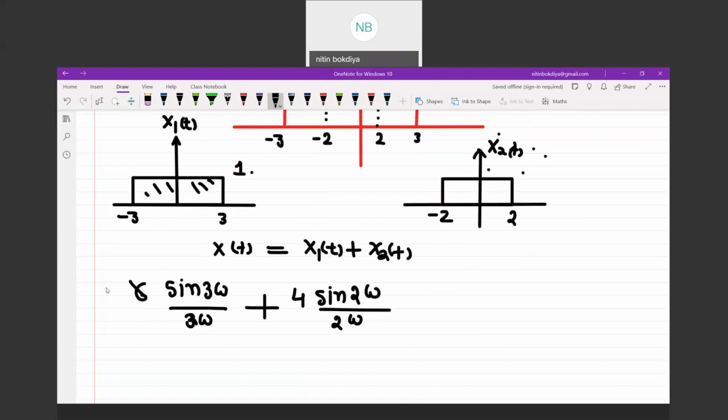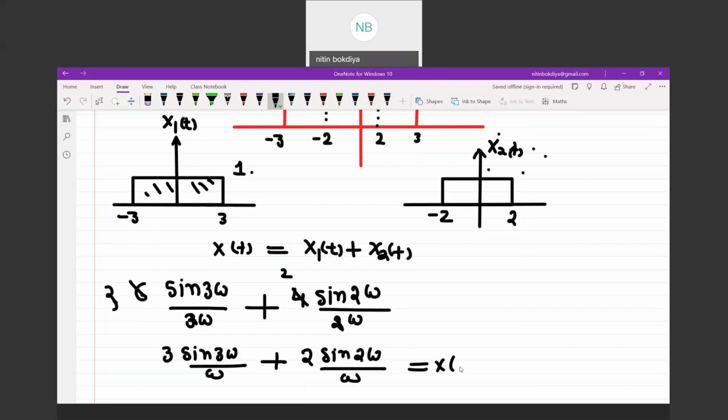This cancels, this cancels, so it can be written as 3 sine of 3 omega divided by omega plus 2 sine of 2 omega divided by omega, and this is x of omega. So we can use the linearity property here.